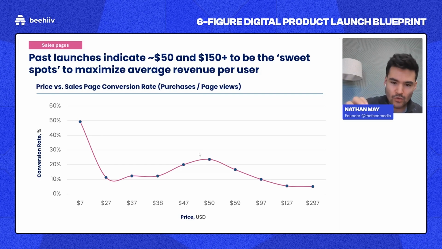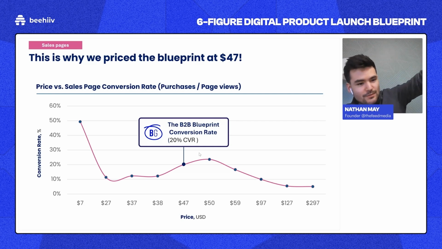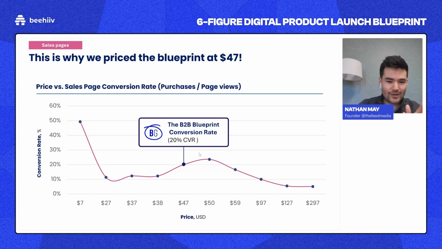One of the reasons why we chose $47 was because you either go super cheap and you have a really high conversion rate, but there's this no man's land between roughly $20 and roughly $40, $50, where there's not a huge change in the conversion rate relative to the price that you're charging.